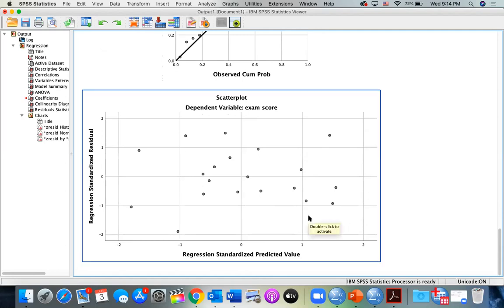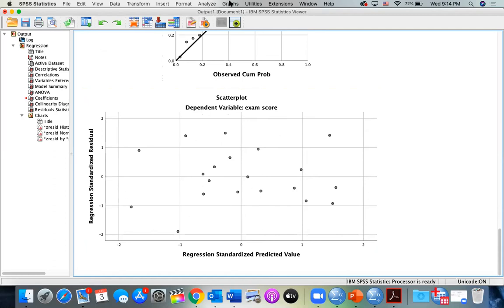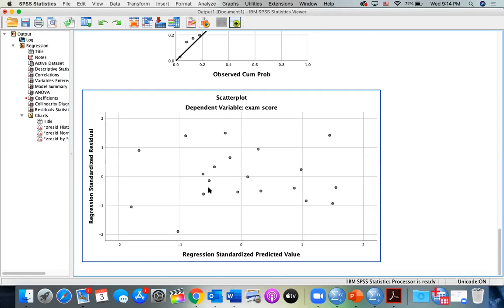The last chart is to assess the homoscedasticity assumption, which is, you should not see any pattern. You can clearly see that those points are randomized, so there is like no pattern.